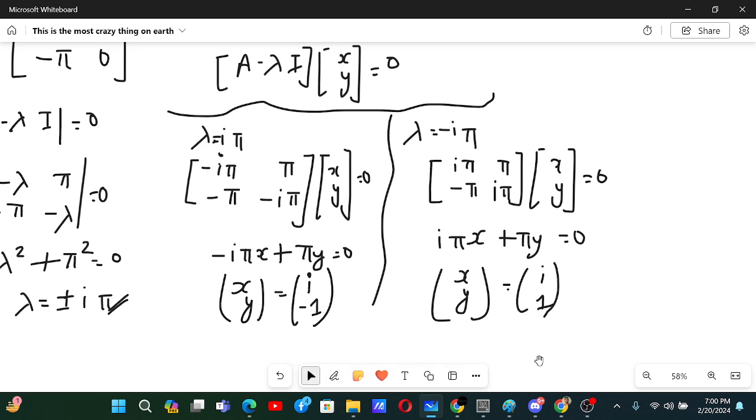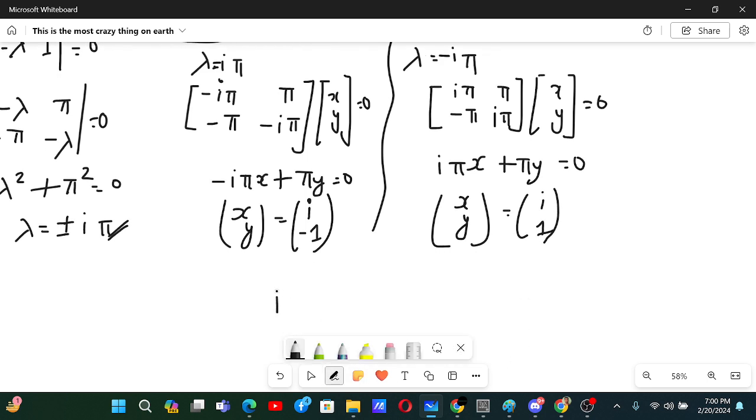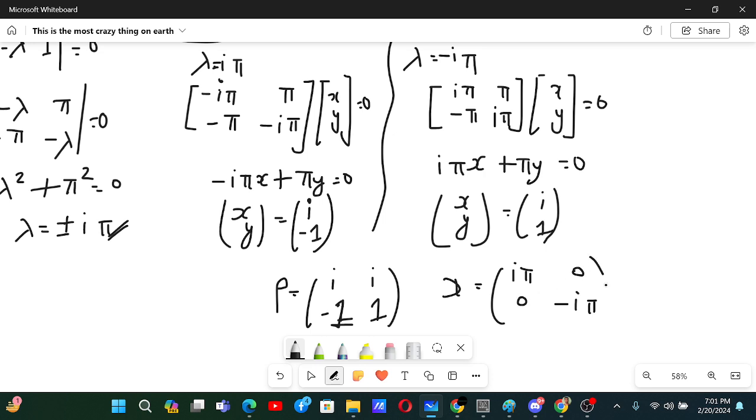So now we finally have P, because P is just a combination of both the eigenvectors: i, minus 1, i, 1, and our diagonal matrix is i pi, 0, 0, minus i pi.